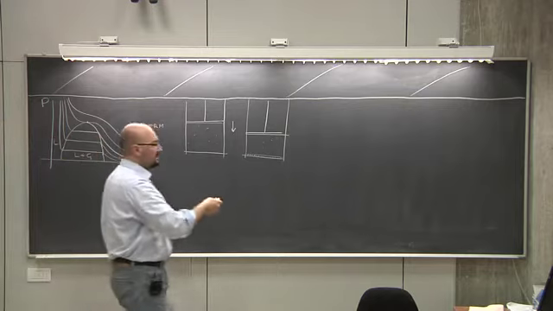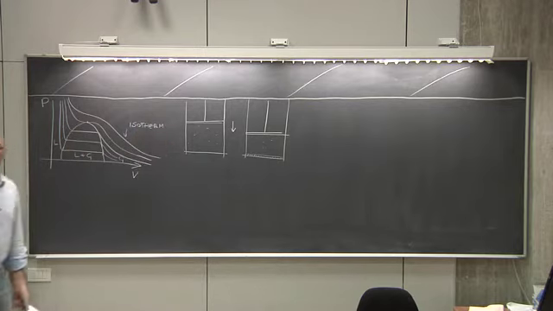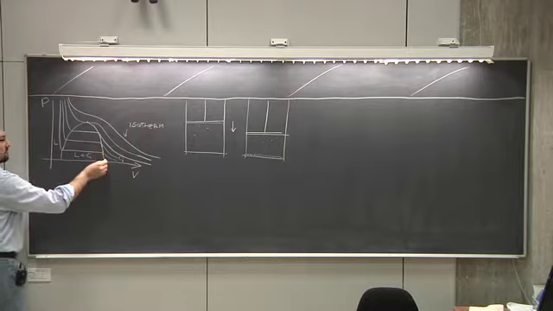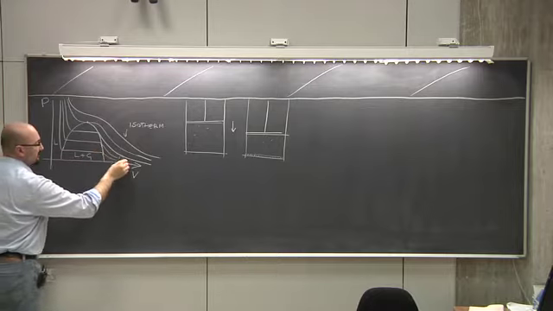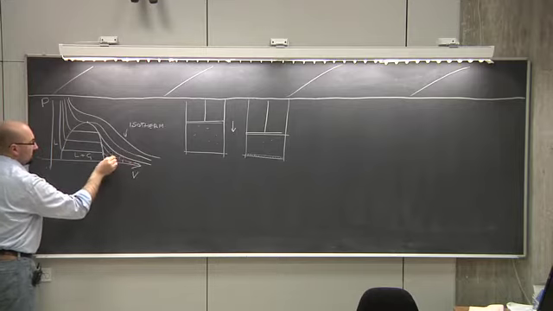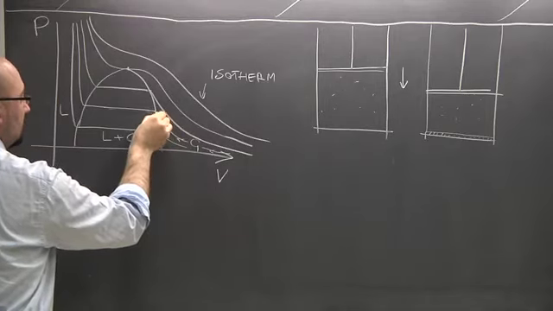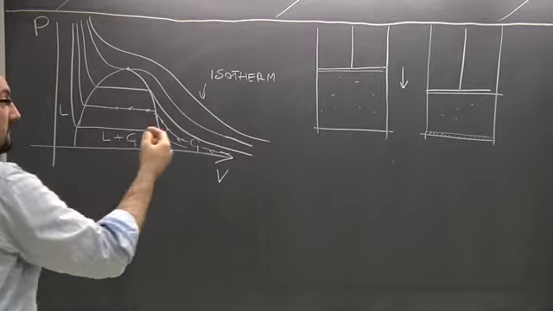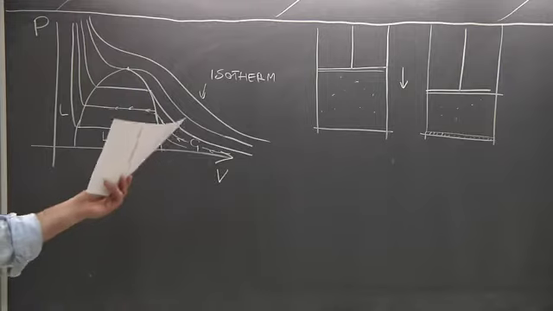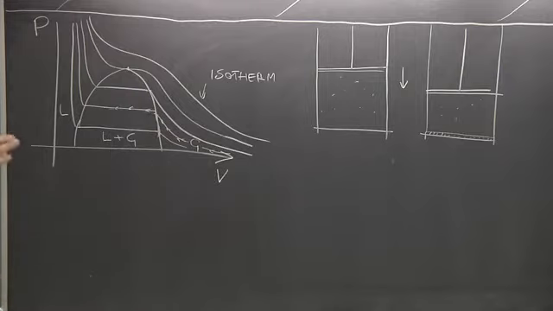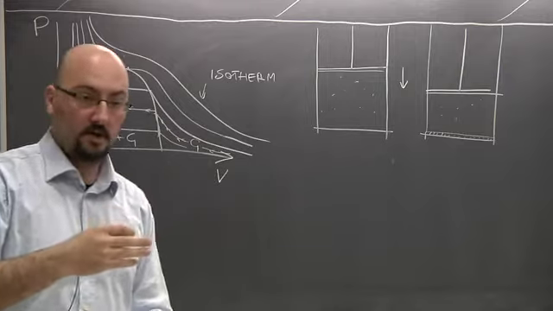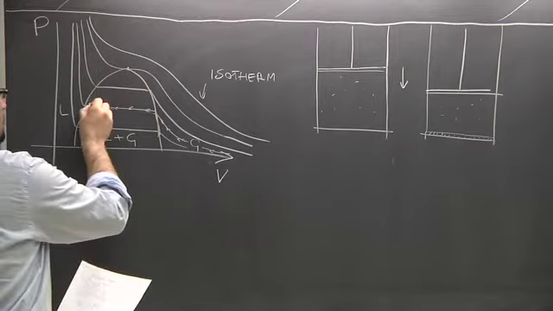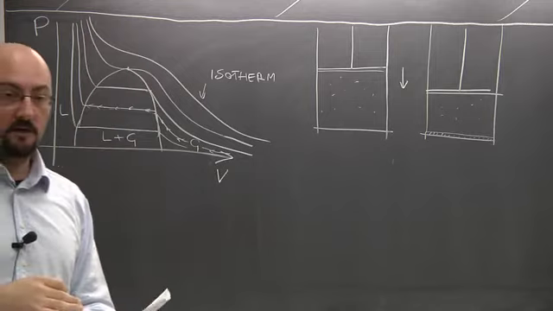We keep compressing the gas until all gas goes. So let's assume we are following this isotherm here. We move along this line, and then at a certain point part of the gas condenses. The liquid and gas are in equilibrium with each other. The pressure remains constant until all gas is turned into liquid.